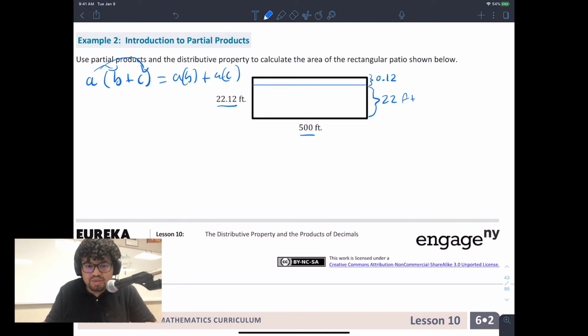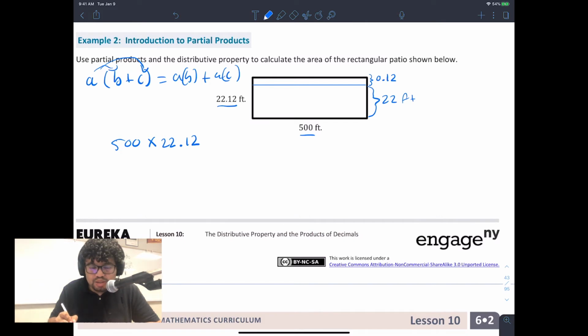I'm just breaking it into two different numbers so that it's easier for me to do the calculation. I'm going to use the distributive property because then I'm going to distribute this 500 into the 22 and into the 0.12 to find the area. Okay, so what do I do here? Well, I'm going to grab the 500. Remember, 500 times 22.12.